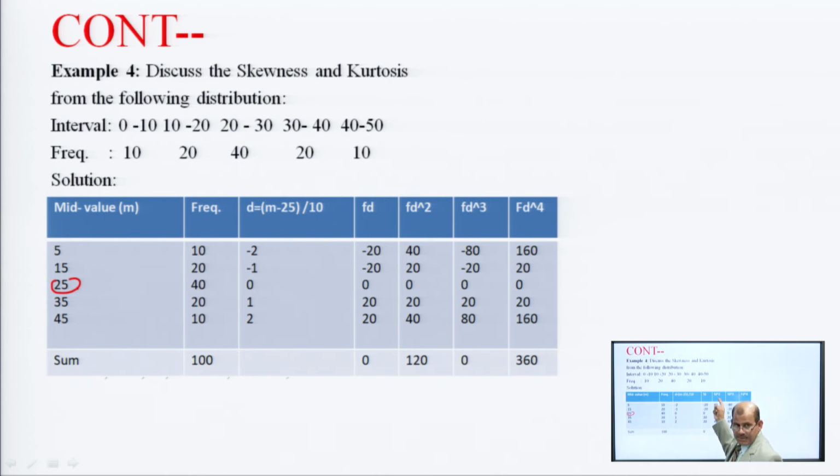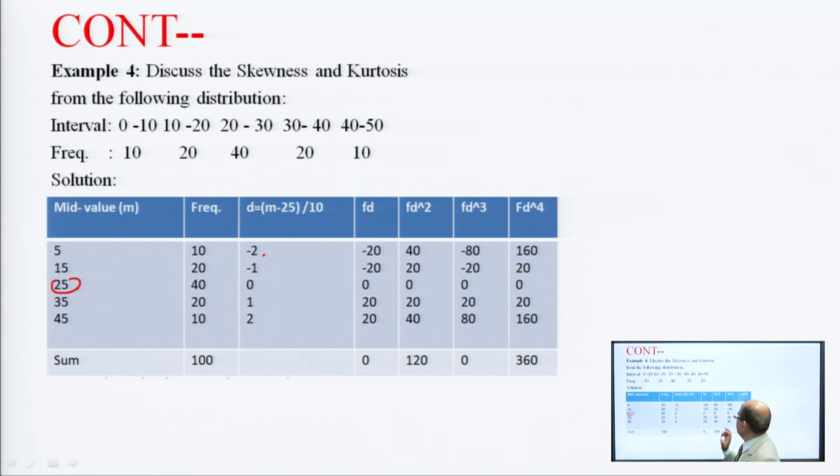Second we find FD square, that is F into D square: 10 into 4 is 40, 20 into 1 is 20, 40 into 0 is 0, 20 into 1 is 20, 10 into 4 is 40.